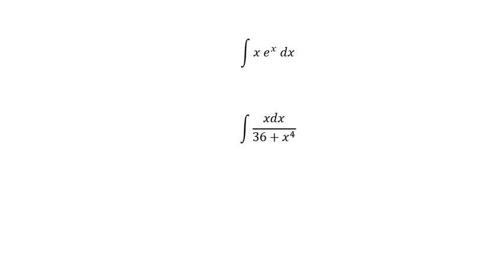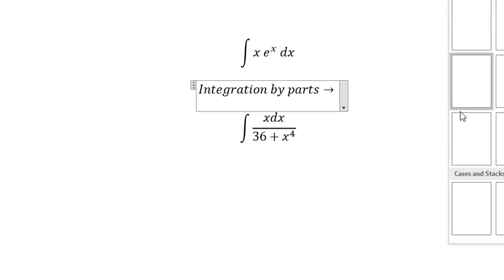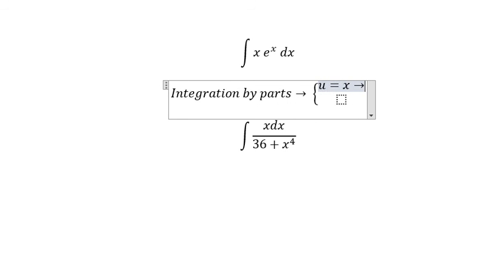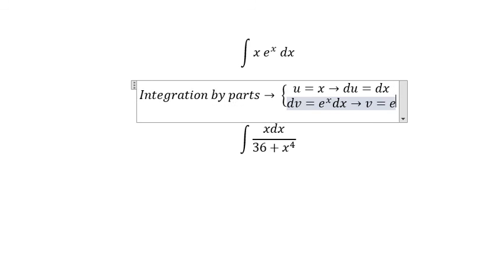This one, we need to use integration by parts. So we will have u equals s, du equals ds, dv we got e to the power of s ds. So we got v equal to e to the power of s.